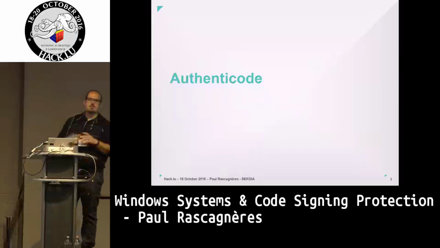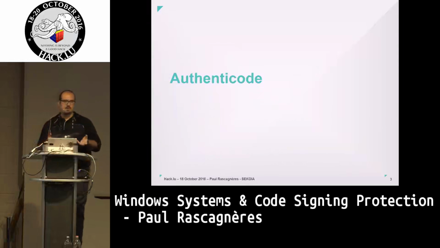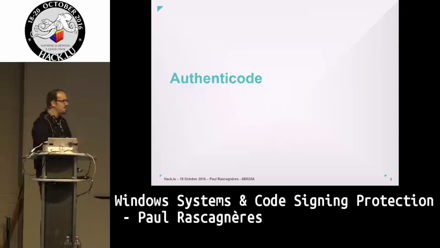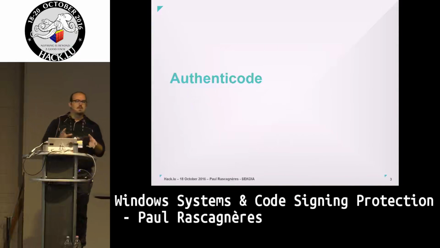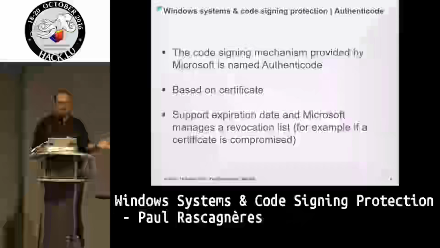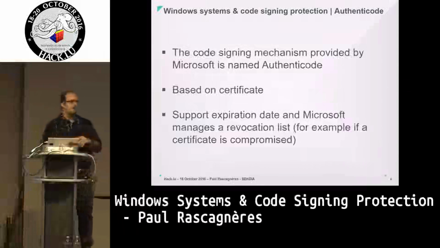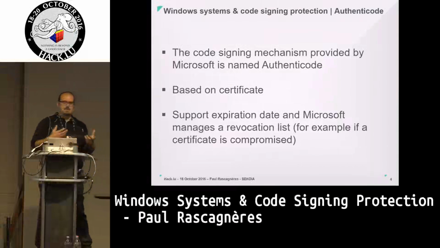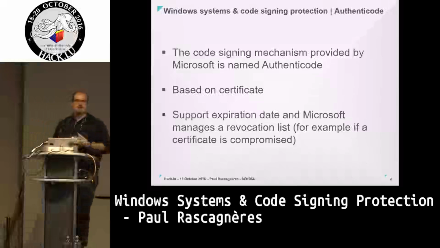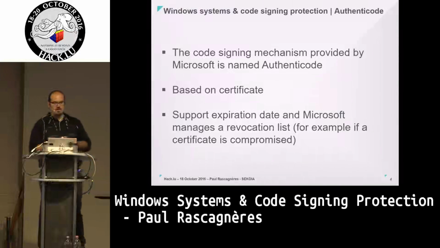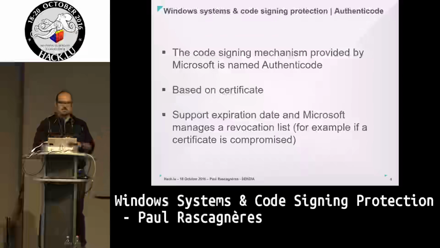So this talk will be mainly focused on Authenticode. I will shortly explain what it is. I think everybody here knows that, so I'm not going to take a lot of time on it. It's the code signing mechanism developed by Microsoft on Windows systems.